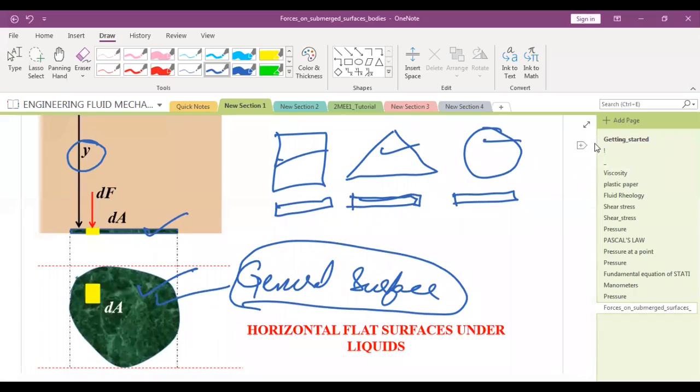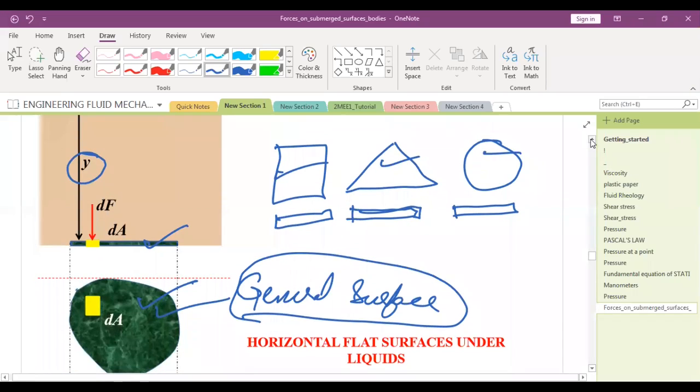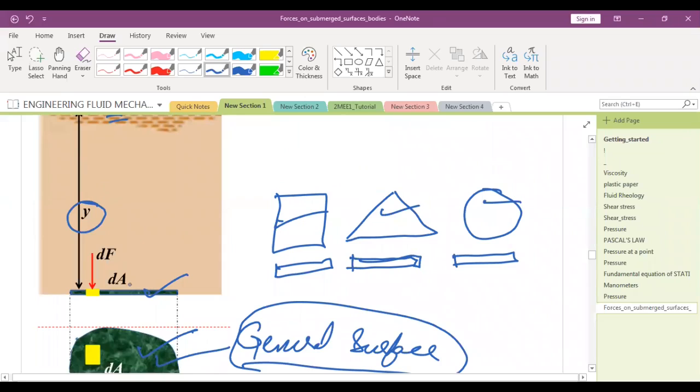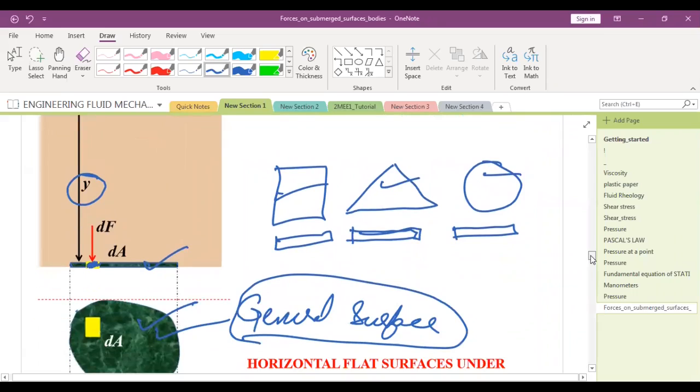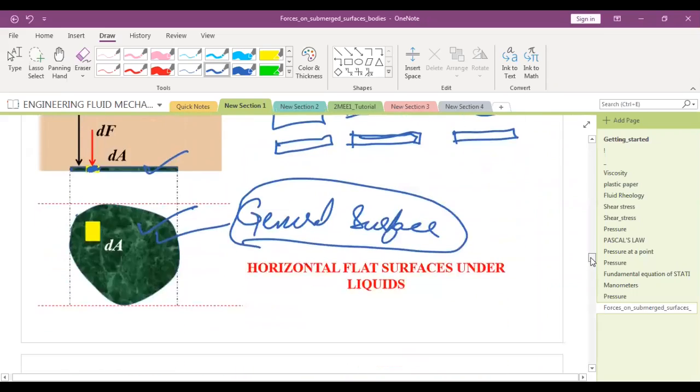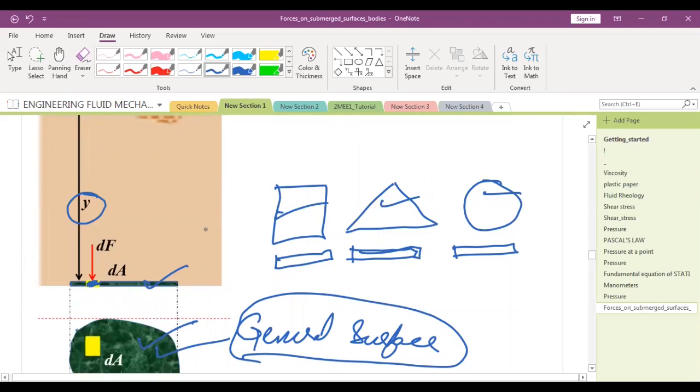What I am doing is finding the resultant force on this plate. dF is the force on this small, differentially small element. We want to find the force on this entire horizontal surface. So we took a small element with area dA.